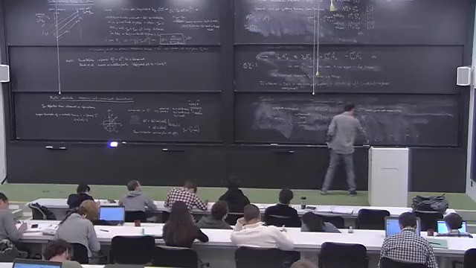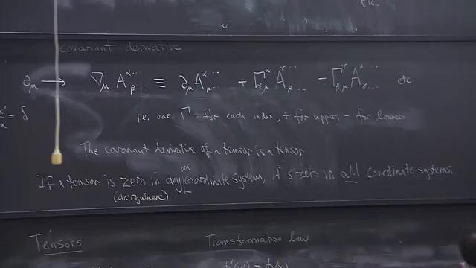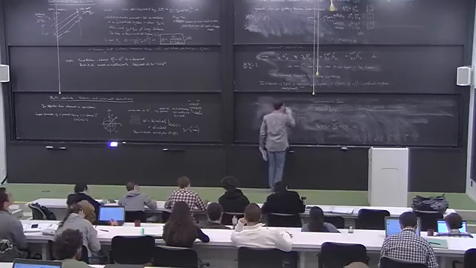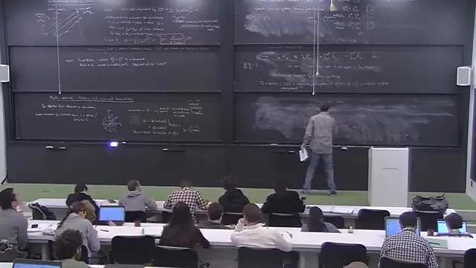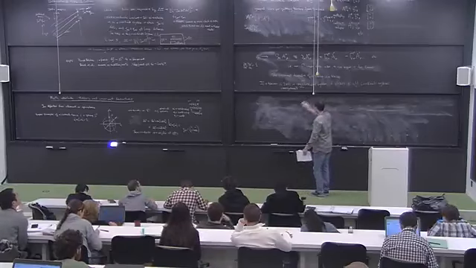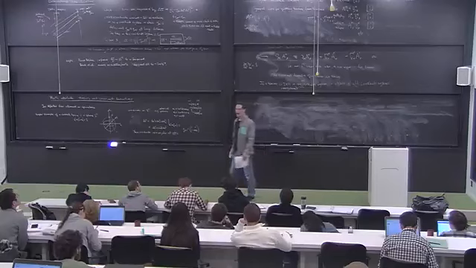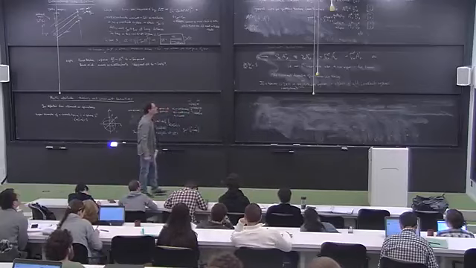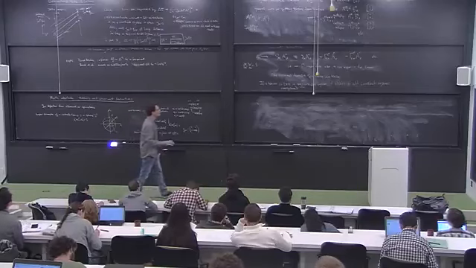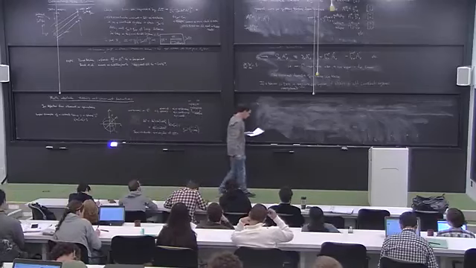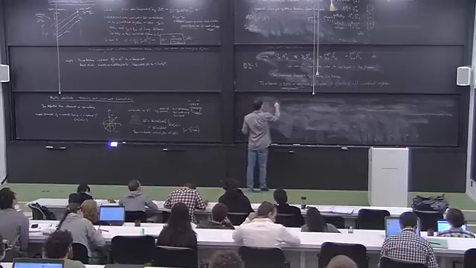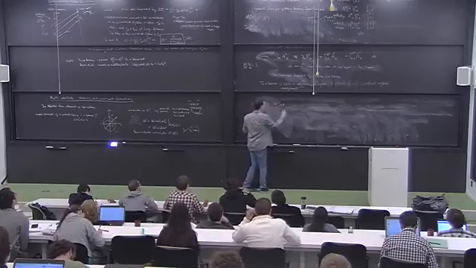Sorry? Oh, it does hold at a point, but the statement I'm making is a different one. I'm just saying that if a tensor is 0 in one coordinate system everywhere, then it's 0 in all coordinate systems everywhere. So an example is the covariant derivative of the metric.